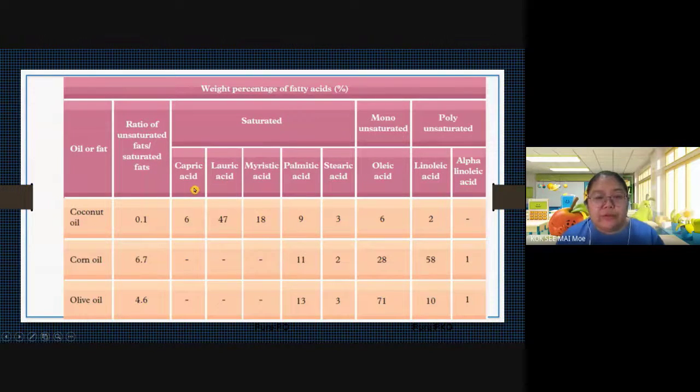After that, there are different acids inside the oil. Then there are monounsaturated and also polyunsaturated. So you can see oleic acid, linoleic acid. All these things are inside the oil. So it depends which oil you're using. So this is one of the knowledge you need to know. Normally the oil has certain acids inside.